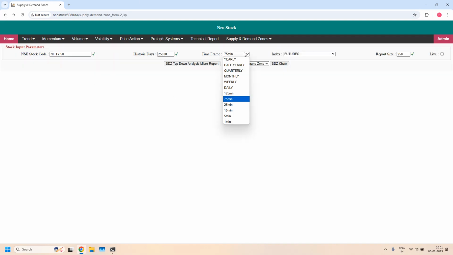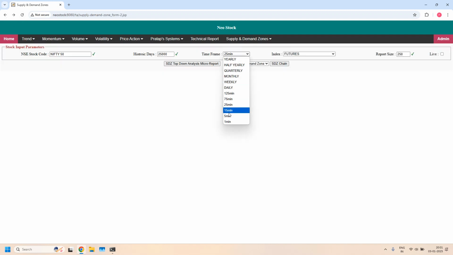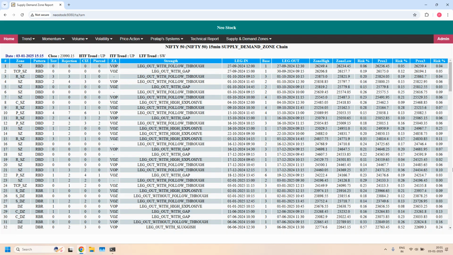Next, 25 minutes supply demand zone chain for NIFTY. Next, 15 minutes supply demand zone chain for NIFTY. I scroll the list down to view more demand zones.